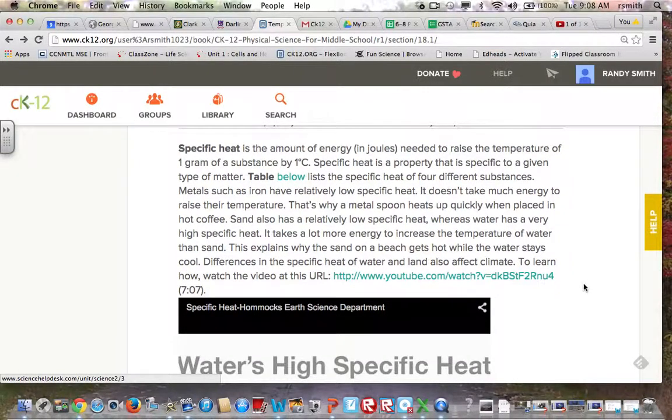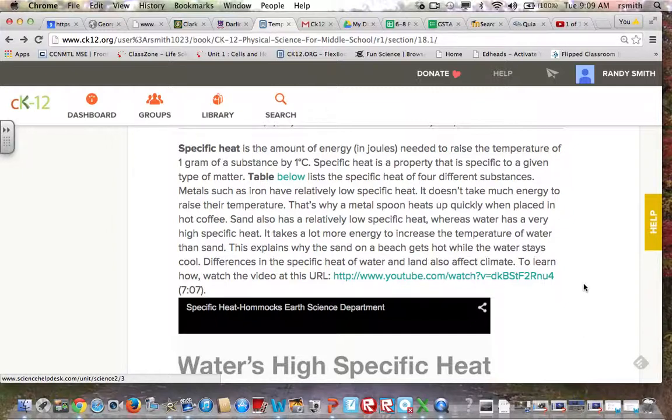Specific heat is the amount of energy in joules needed to raise the temperature of 1 gram of a substance by 1 degree Celsius. Specific heat is a property that is specific to a given type of matter. The table below lists the specific heat of 4 different substances. Metals such as iron have relatively low specific heat. It doesn't take much energy to raise their temperature.